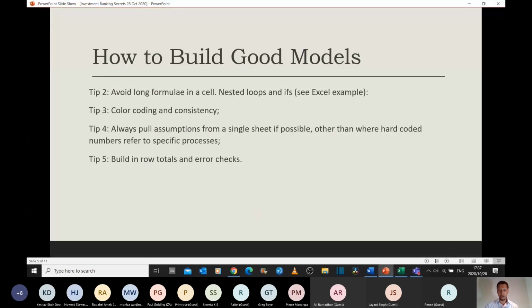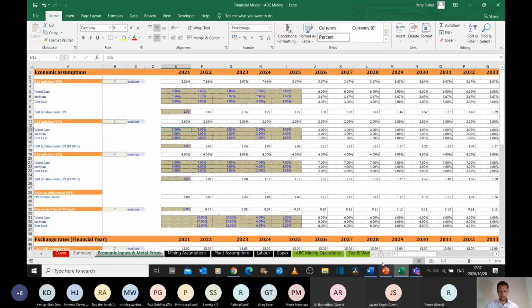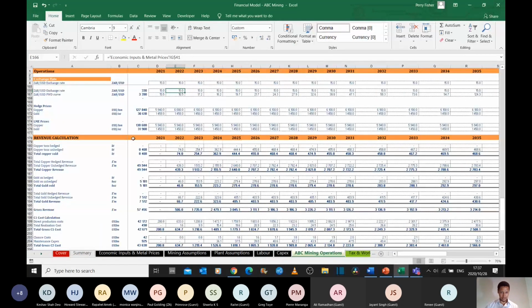And the last one, build in row totals and error checks. Gold. Important. Yes. Do this. Row totals. It's just common sense checks, and they really help you if you want to check for errors.